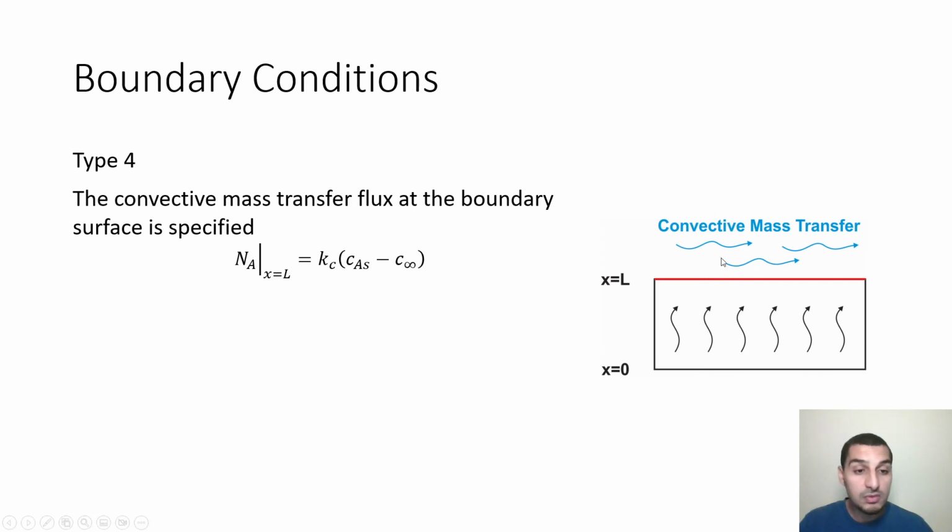So the water vapor going from this side of the interface to the other side is swept by the convective mass transfer. So the flux of water vapor going to this interface equals the flux coming out of this interface, and the flux coming out of the interface can be calculated from the convection mass transfer equation, which is K multiplied by CAS minus C infinity.